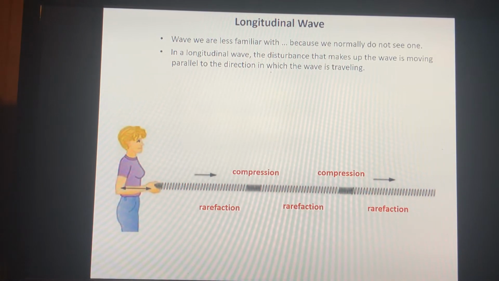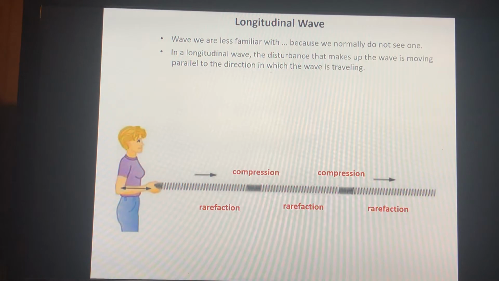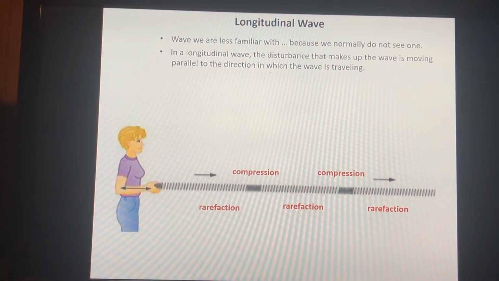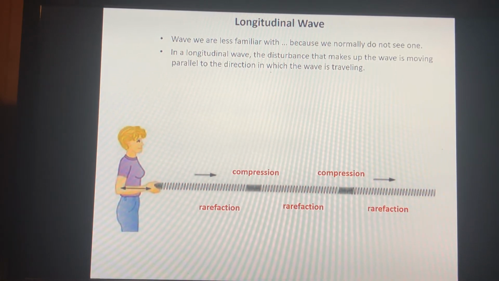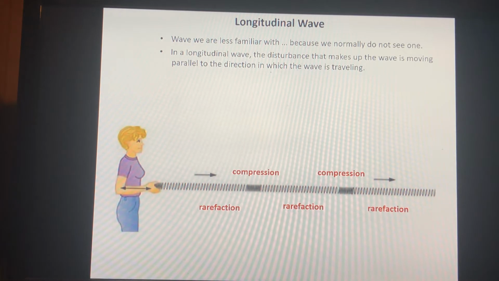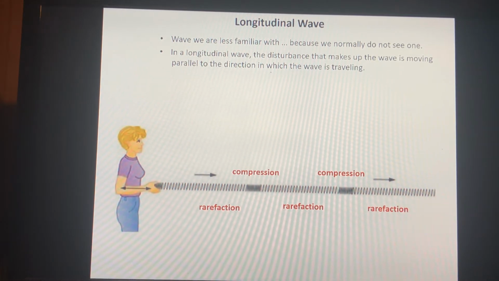When we were learning about the air in an earlier module, as you went higher and higher into the atmosphere, the air was more and more spread out, and scientifically we would say that the air was more and more rarefied. So rarefactions are where the wave expands, compressions are where the wave compresses.